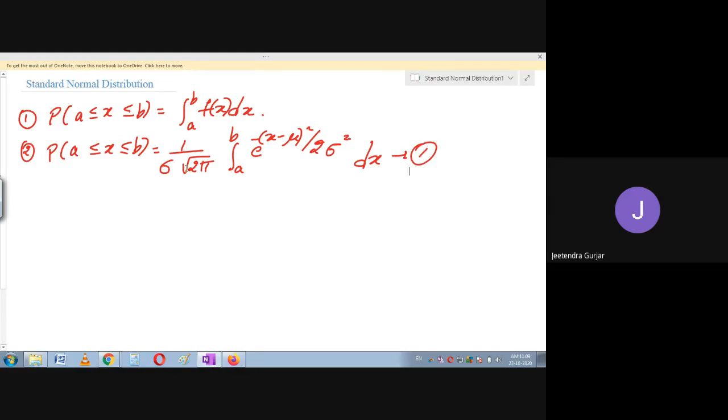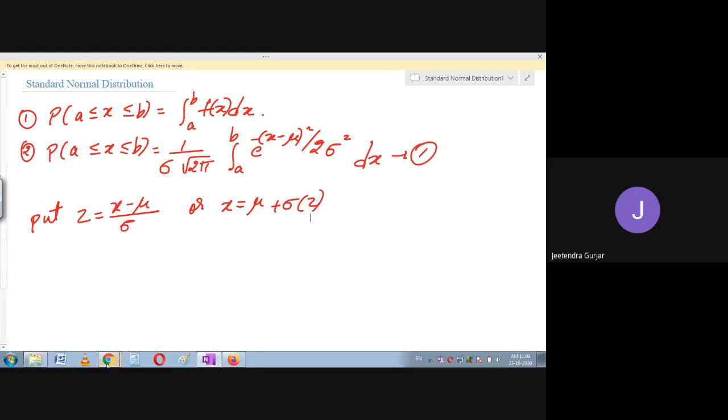As you see, this is our normal distribution. First you have to convert this normal distribution into the standard normal distribution. Let us see how it will be converted. As you remember from the last class, the standard normal variate is z is equal to x minus mu divided by sigma, or we also take this as x is equal to mu plus sigma z.